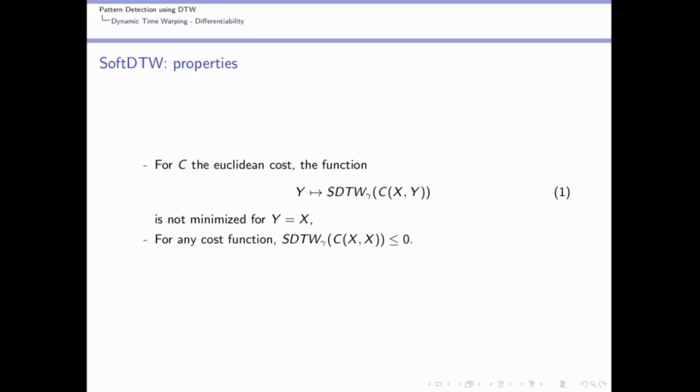Also, the soft DTW between x and itself can be smaller than 0, and even worse, in principle, when we take gamma going to infinity, the discrepancy goes to minus infinity.